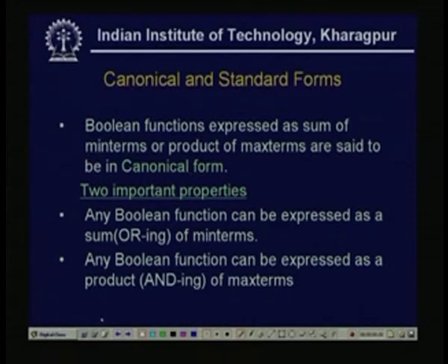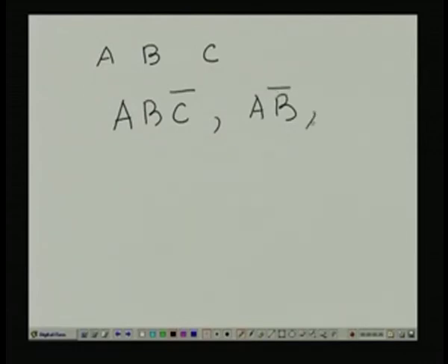So, if I take one simple example, some of the min terms, if I take 3 variables A, B, C, are say A, B, C bar, say A, B itself or A, B bar, and say B, C. So, these are the 3 min terms.